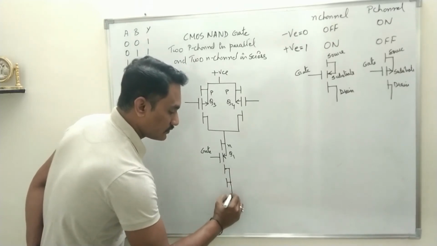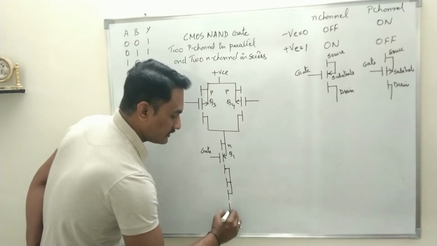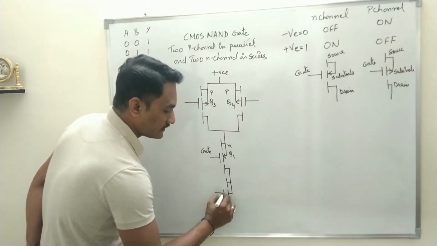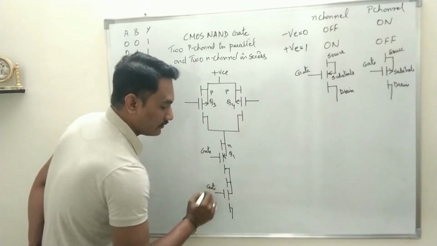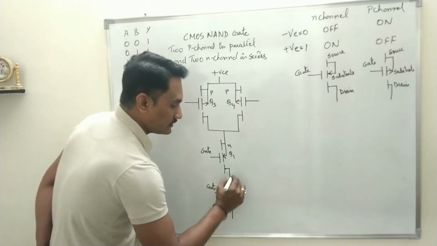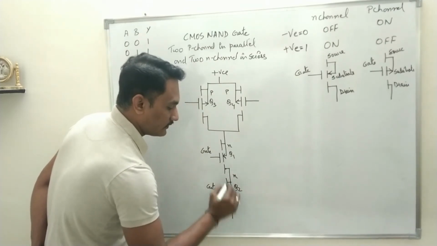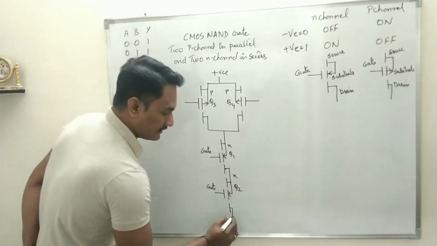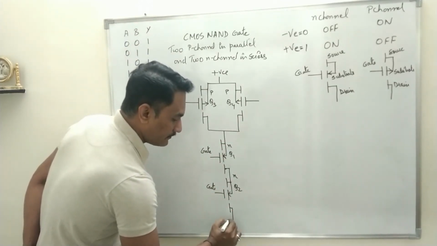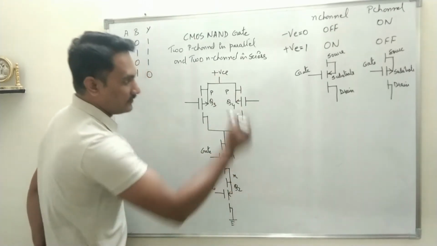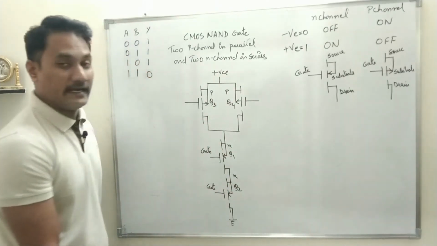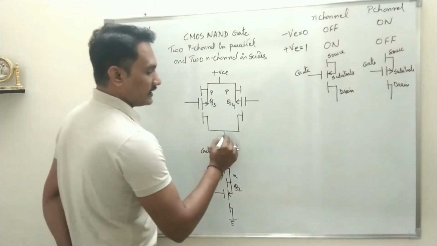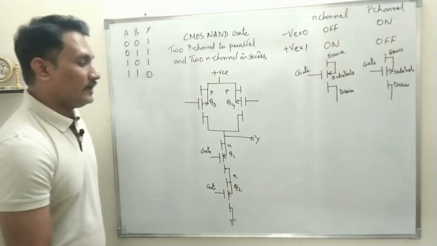So source internally connected to substrate, drain below, and in front of the substrate there will be the gate terminal. Again this is Q2, again N channel, so the arrow mark will be inward. So two P channel connected in parallel, two N channel connected in series, and this entire thing will be connected between the positive supply and ground, and you take the output between the two P channel and two N channel. So this is the point where you will take the output.